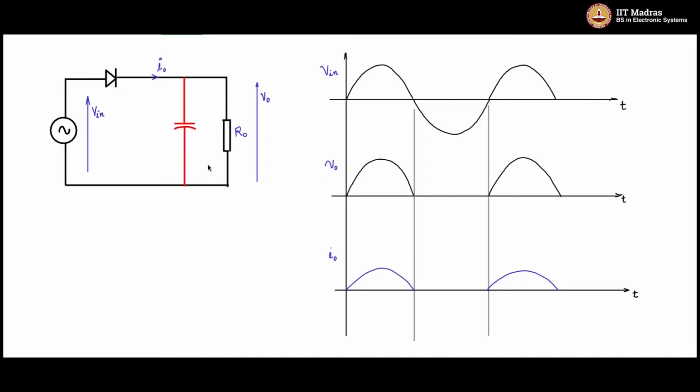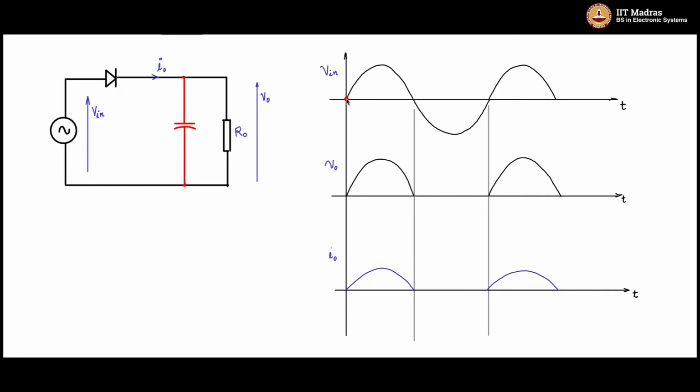So let us now consider an operating point here, and let's say this point is moving along the input waveshape that is applied. And as this point moves along the input waveshape, what is the output voltage and how does it evolve? Let us see that.